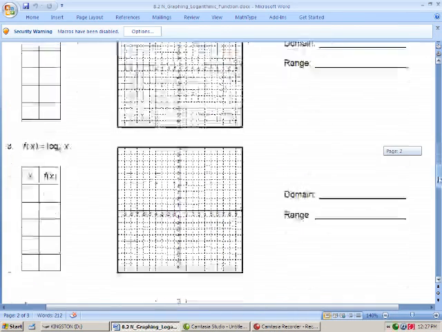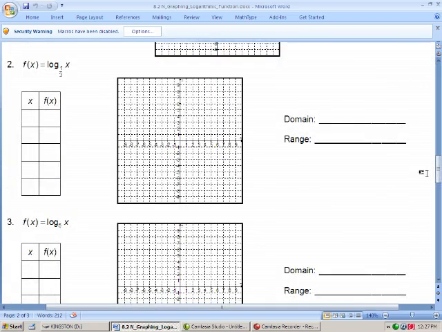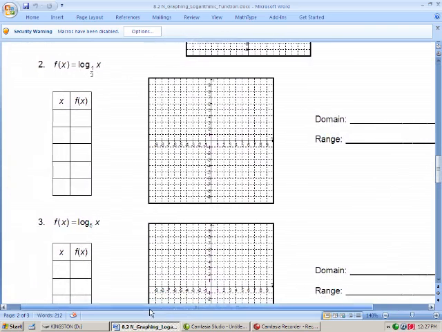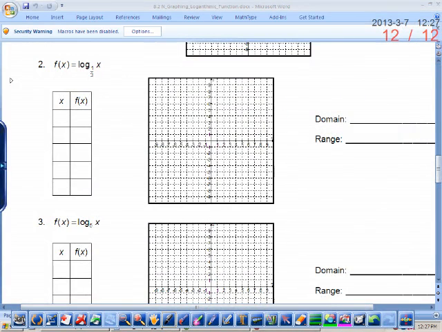Let's look at number 2. This is log base 1/3 of x. What is that the inverse of? One third to the power of x.